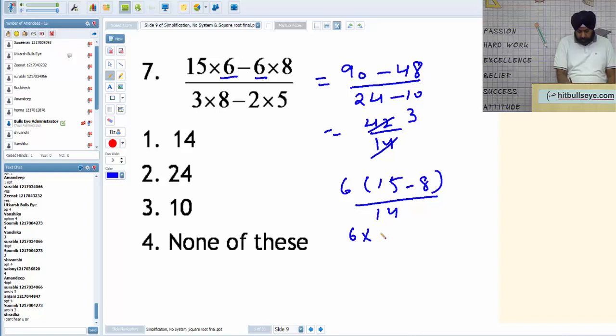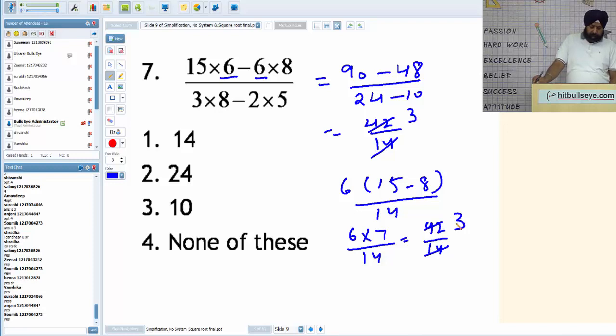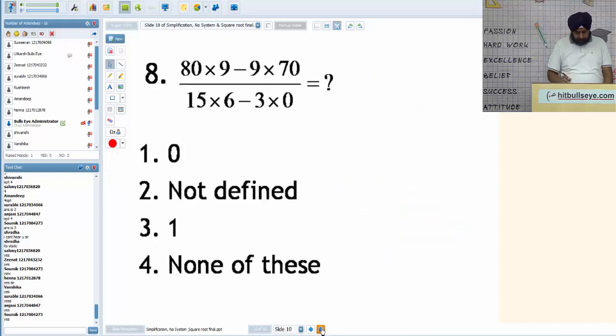So 6 into 7 divided by 14, that is 42 by 14. The answer is 3. So hence the fourth option. Yes, Shraddha. Is it okay? We took 6 common. So the basic way is you can simply multiply it, or you can take 6 common, both are one and the same.